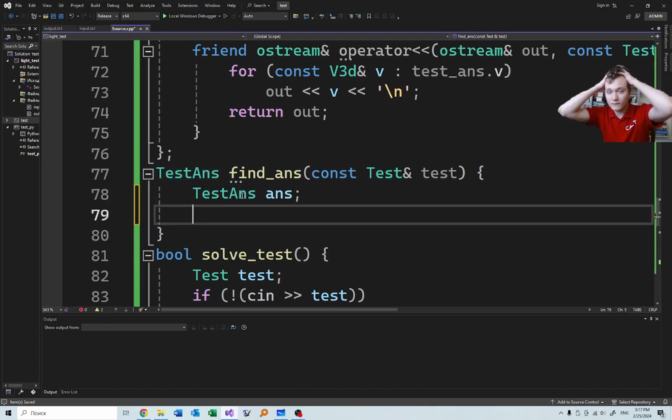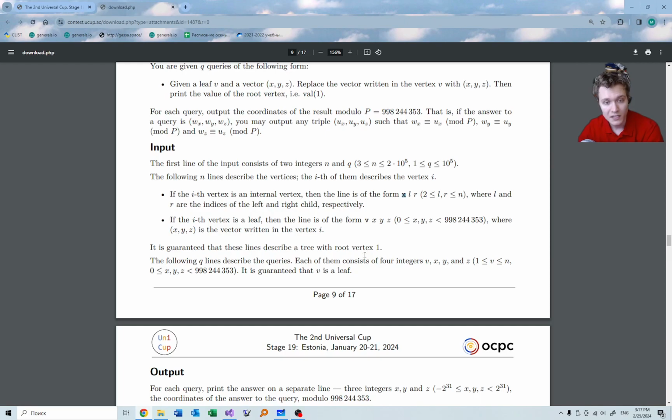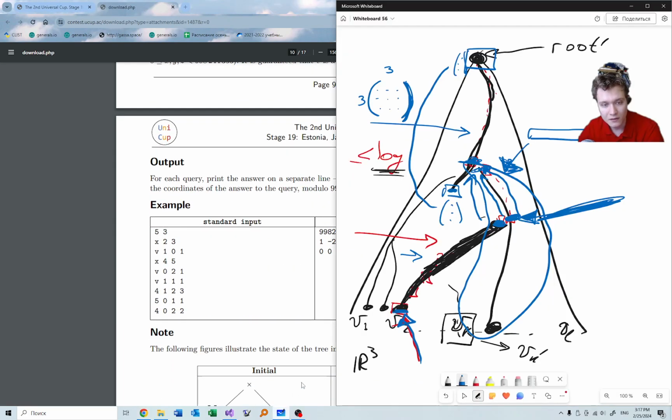Okay, so we need a heavy light decomposition, and it is just what? So what do we need to store in heavy light decomposition? Heavy light decomposition will be a set of paths. Yeah, a set of paths.